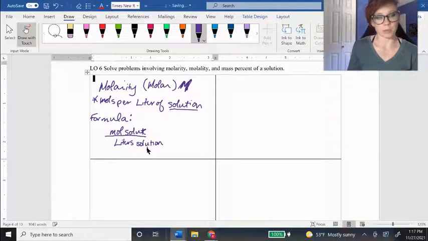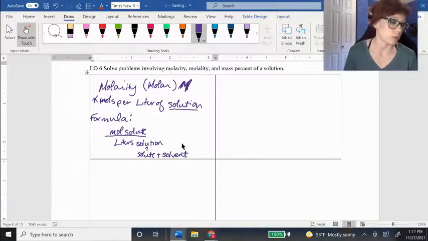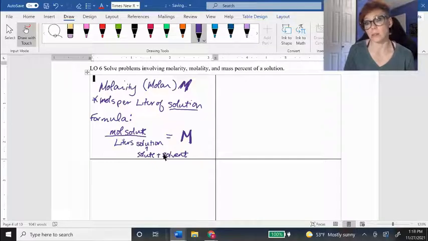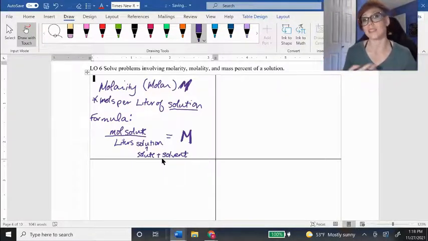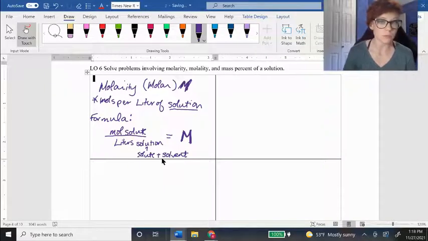And remember, your solution is your solute plus your solvent. And this is equal to molarity. Okay, so be able to convert between moles and mass, depending on if you're asked about the mass of your solute that can dissolve or that is dissolved, that type of thing.